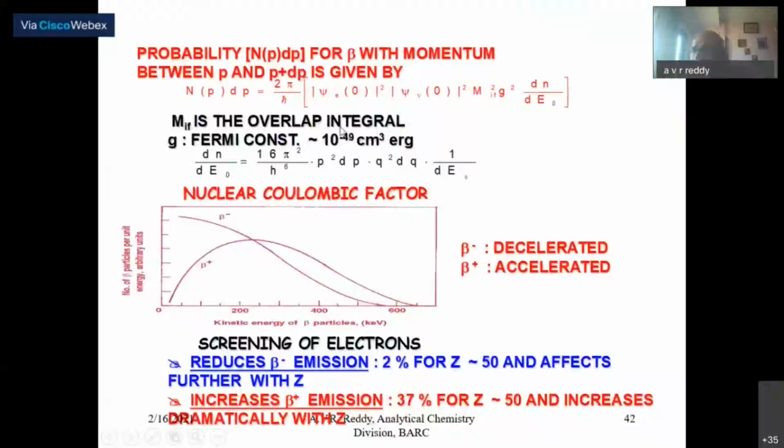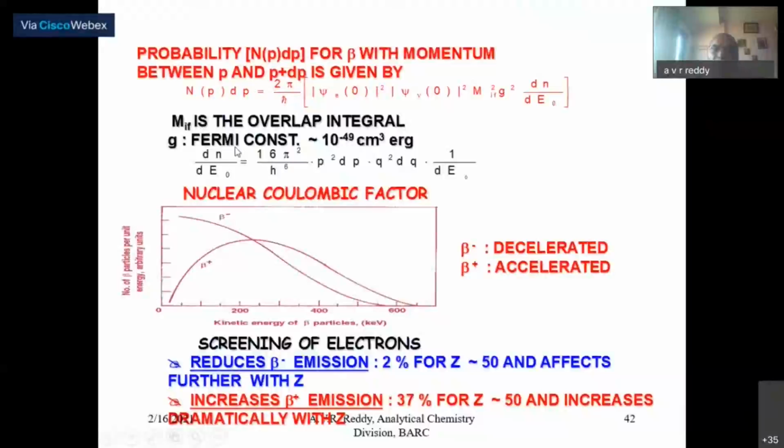I have lots of slides I can share with you, but it will take a lot of time, and this helped in reproducing the beta energy spectrum. Now, the observed spectra for beta minus and beta plus, their shape is different.